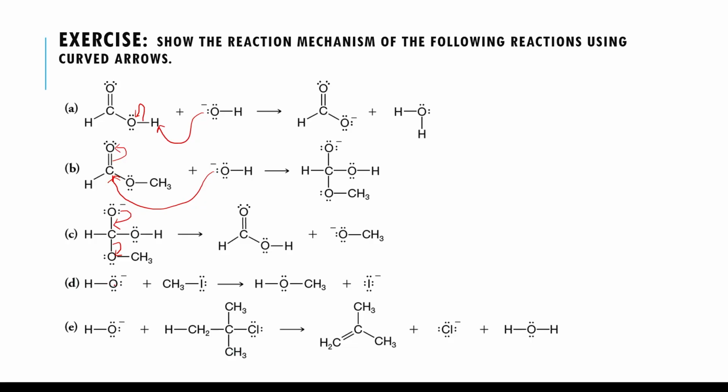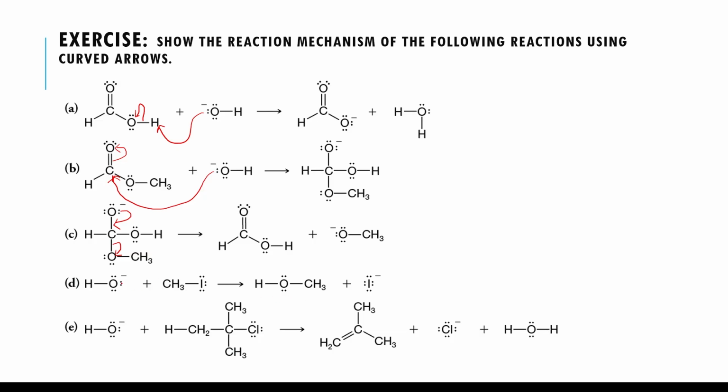OH, especially the oxygen, will be connected. This oxygen will be connected to this carbon. Yes, here they are connected, and the bond between carbon and iodine is breaking, and iodine left the molecule. So after finding these clues, we can easily write the reaction mechanism.